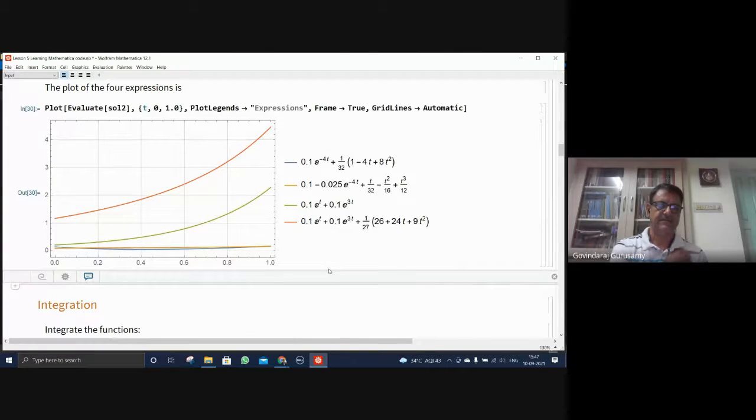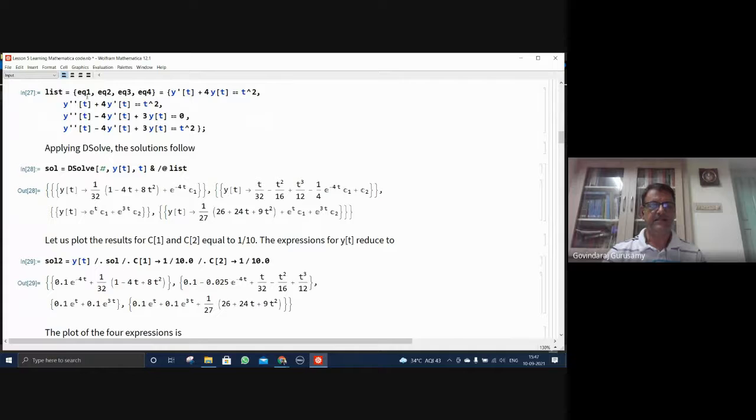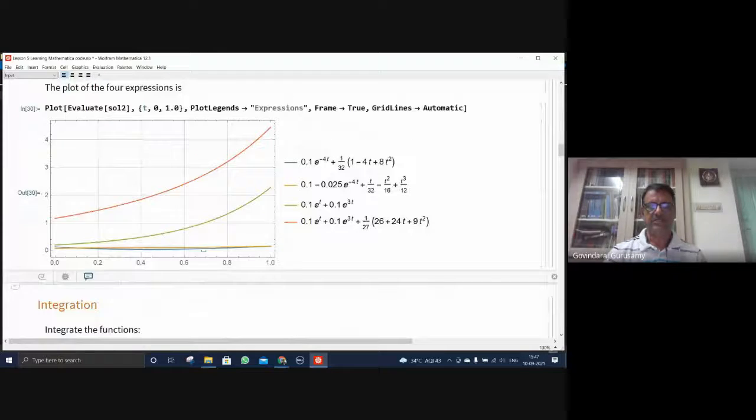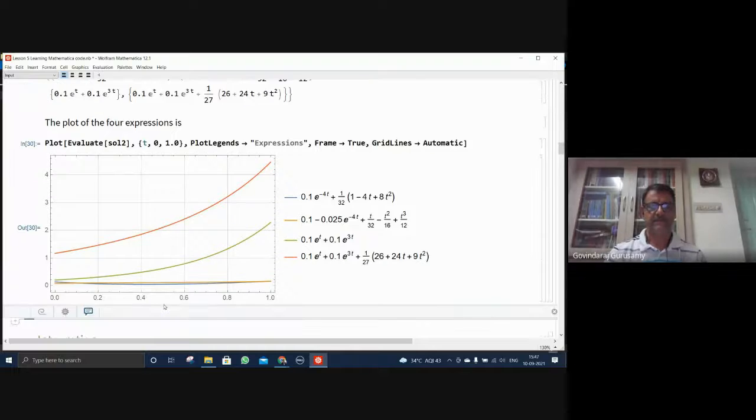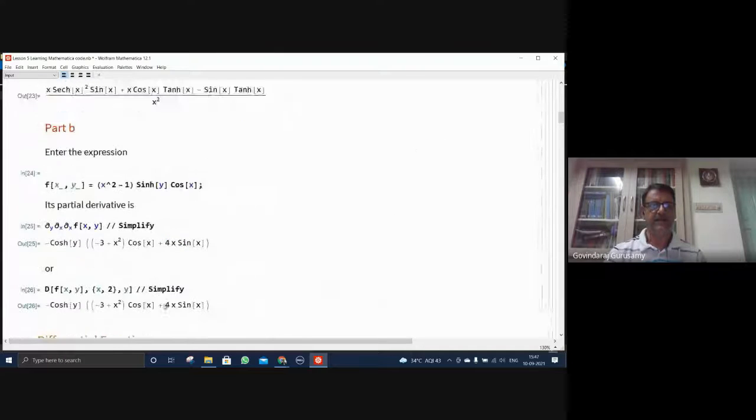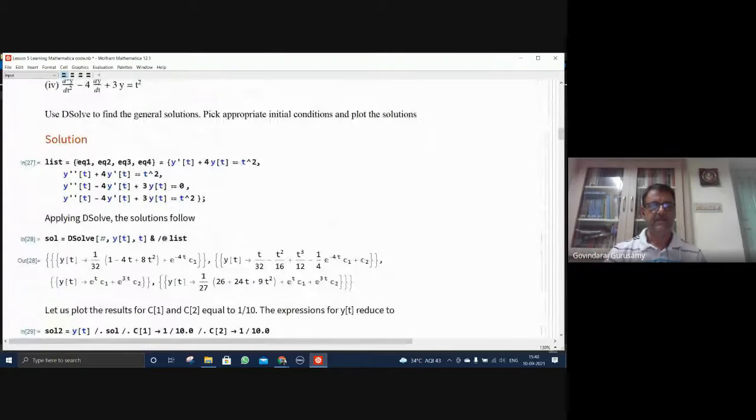Okay. So now we have solved 4 differential equations at a time, provided that there are similarities. Because if they are completely different, then it will have a problem. So similar equations can be put together and solved, and we will get this result. I have all the 4 at a time. So, is there any difficulty you have anywhere? The only thing is, the list should be handled properly in an understandable form.